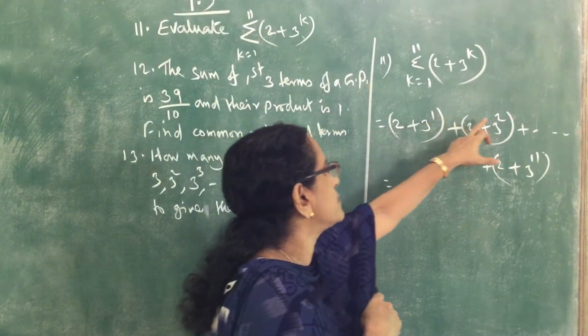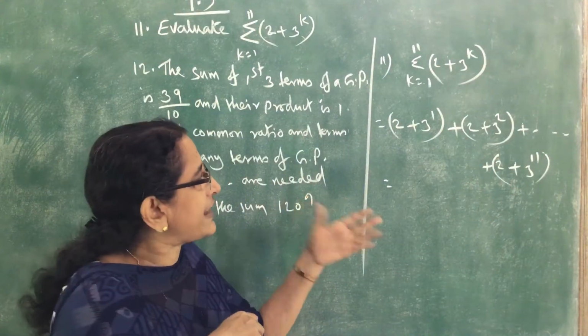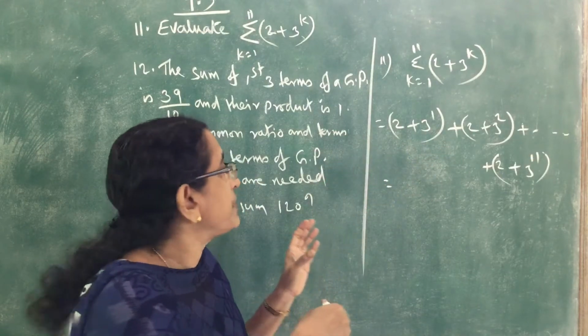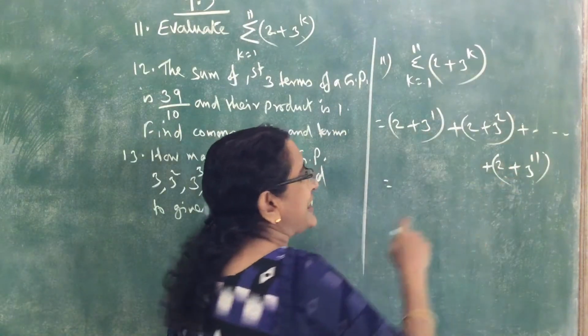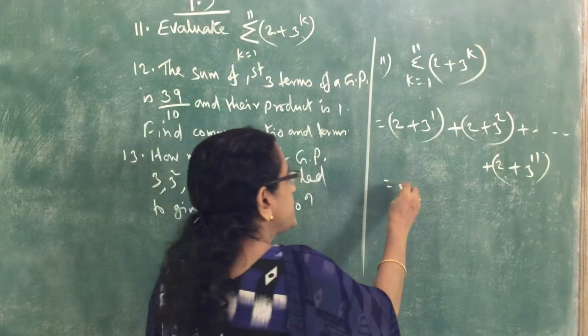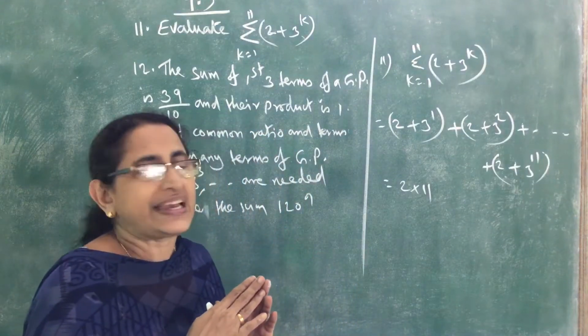In all the 11 terms there is a 2, so we have to add 2 eleven times. When we add 2 eleven times we get 2 into 11.